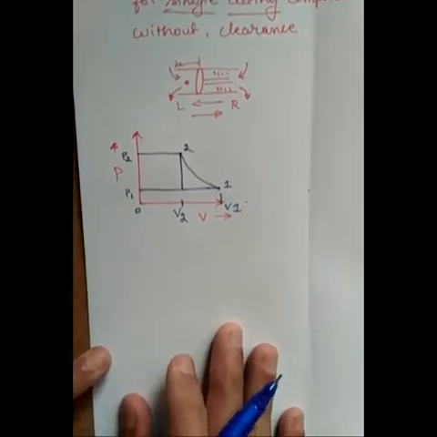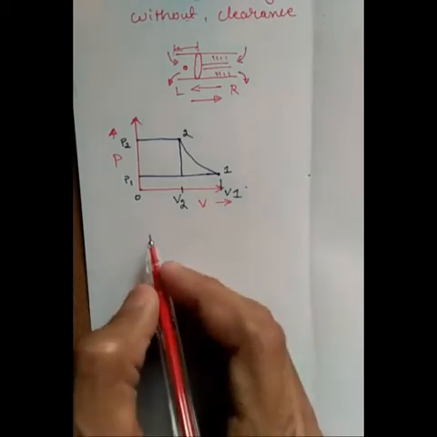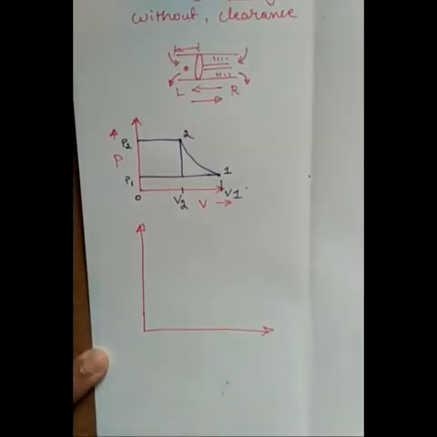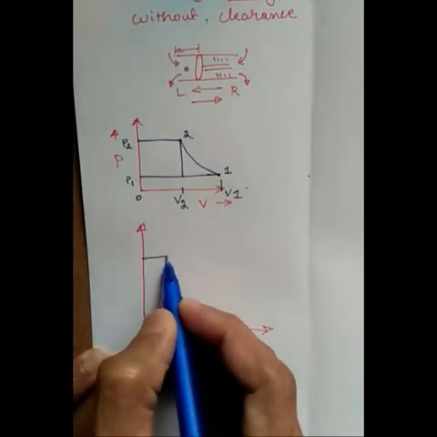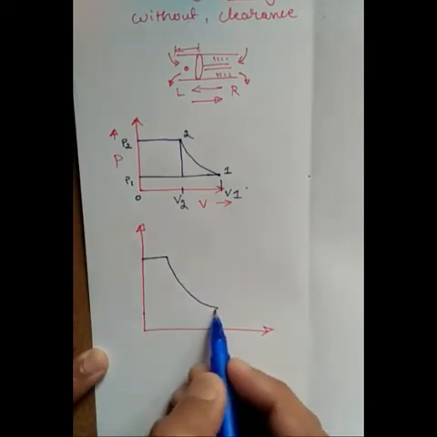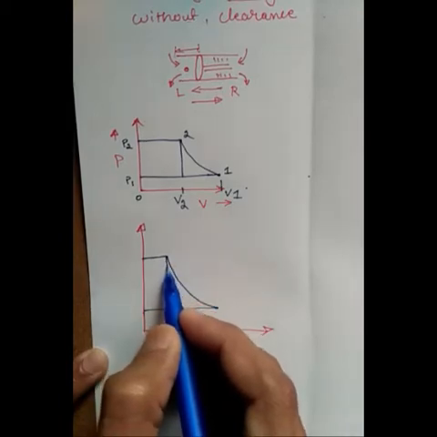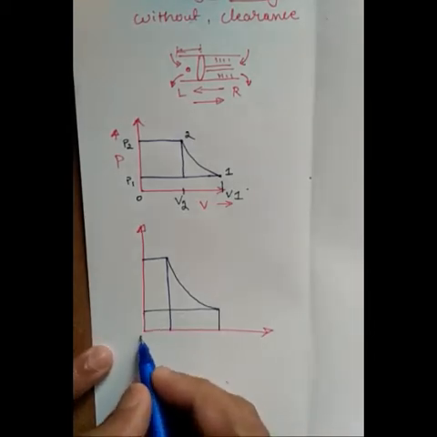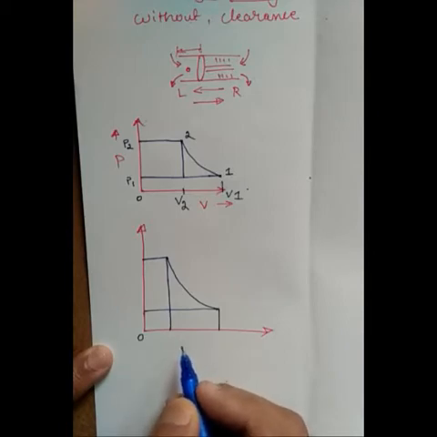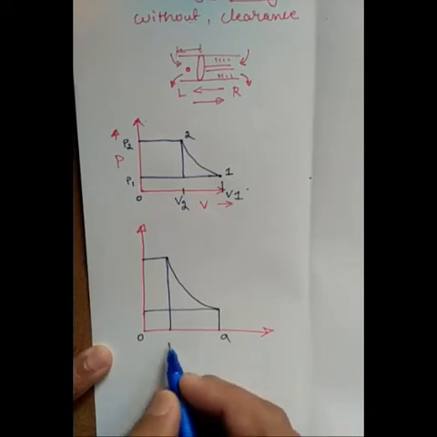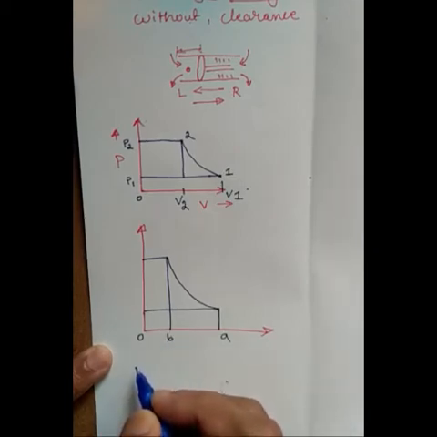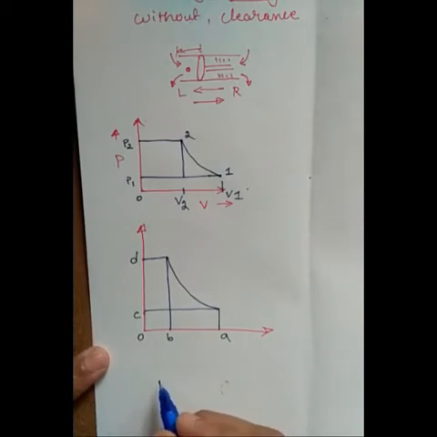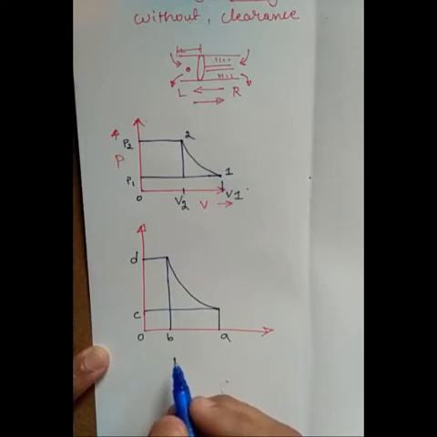I will redraw this one more time. In this figure, the starting point is O, then this is A, this is B, this is C, and this is D. Each has a different area that you should know.